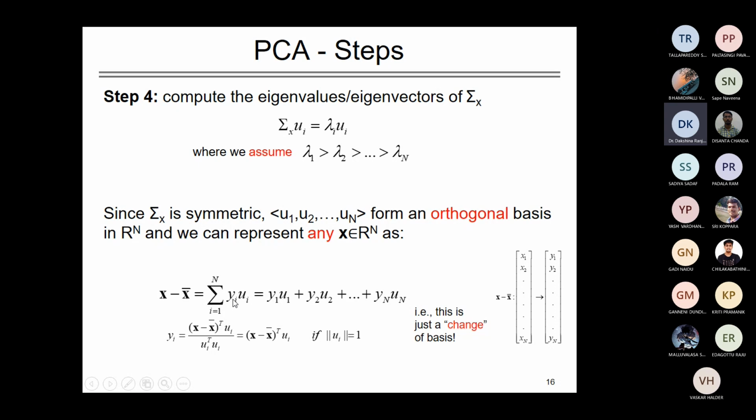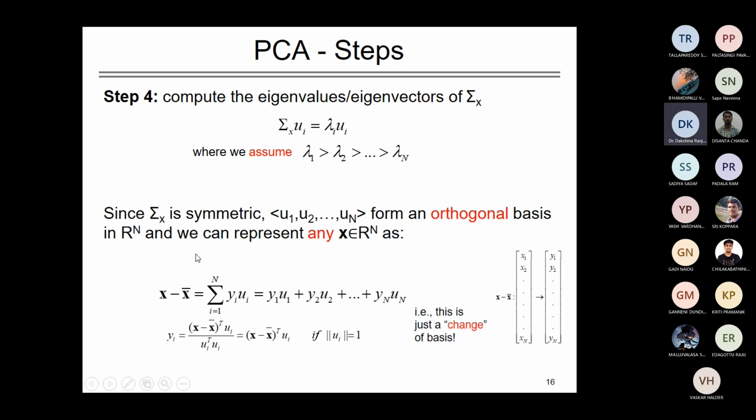Here yi is given by the transpose of the deviation, x minus x bar, into ui, divided by the transpose of ui into ui. If the norm of ui is 1, then yi is the transpose of the deviation multiplied with ui.